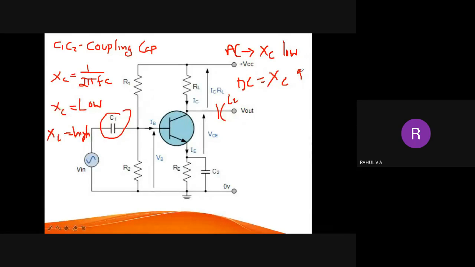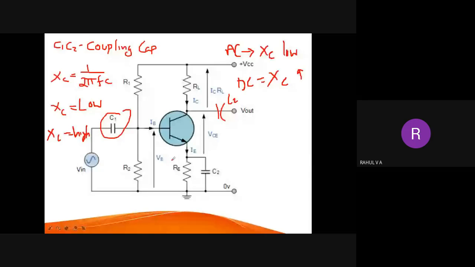That is the point for which we said all this. Is it clear for everyone? So remember, capacitor will block DC and allow AC.